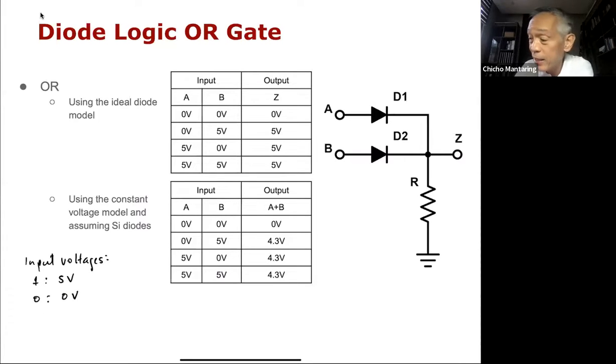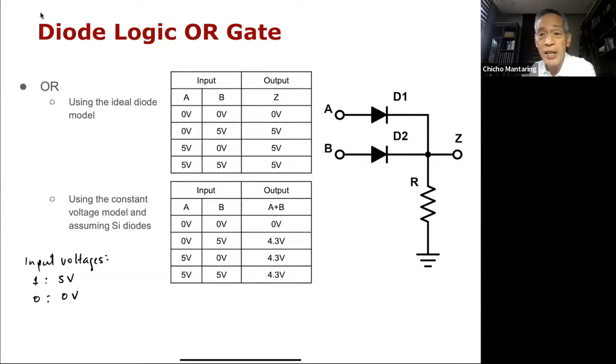But in this case, for silicon, 0.7 is not insignificant compared to 5. So what you normally use is the constant voltage drop model. In this model, when both my inputs are 0, my output is 0. But when any of my inputs is 5 volts, my output will be 4.3 volts.